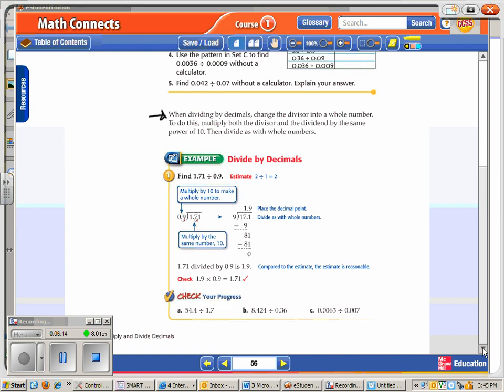What that means is, first of all, you do it so that you can divide using that algorithm without too much confusion with decimals.